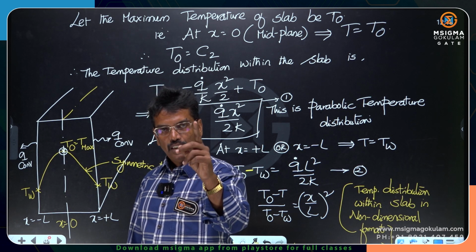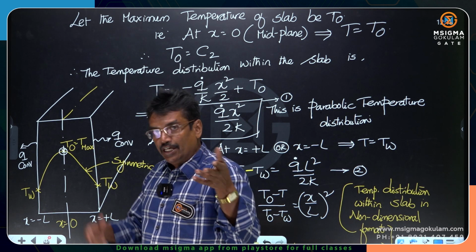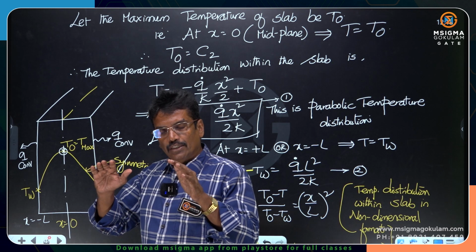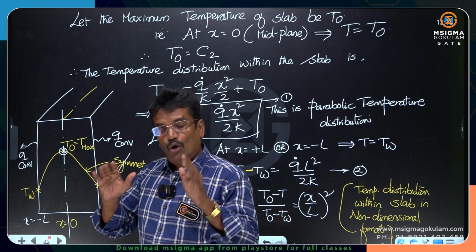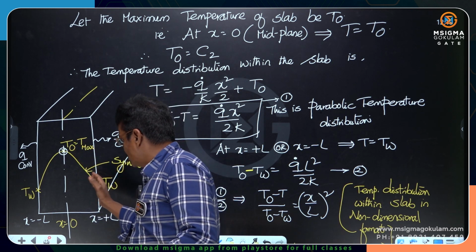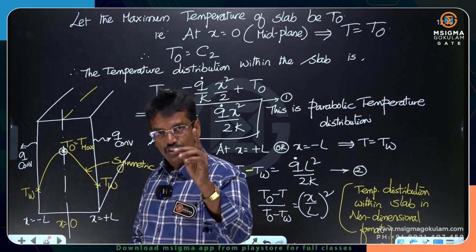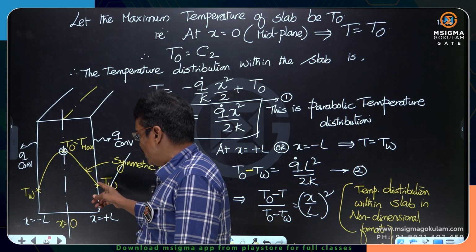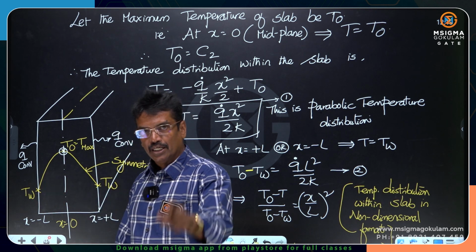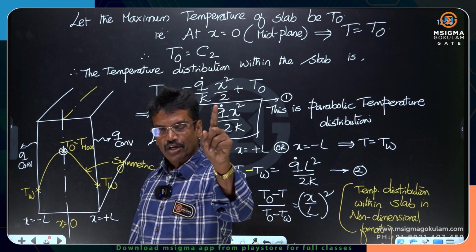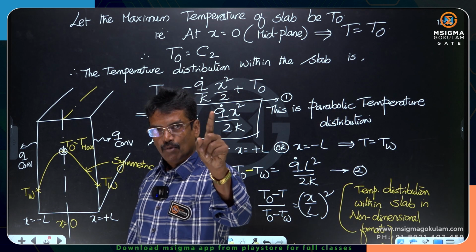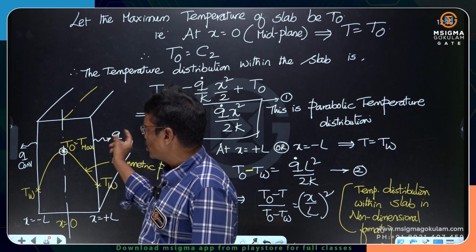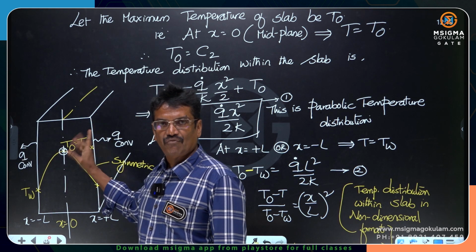Remember, whenever there is heat generation inside any body, need not be a slab, maybe a cylinder or sphere, if you want to get the surface temperature of the body, the required energy balance boundary condition is that the total heat generated in the entire body must be equal to the total heat convected from the surface of the body.